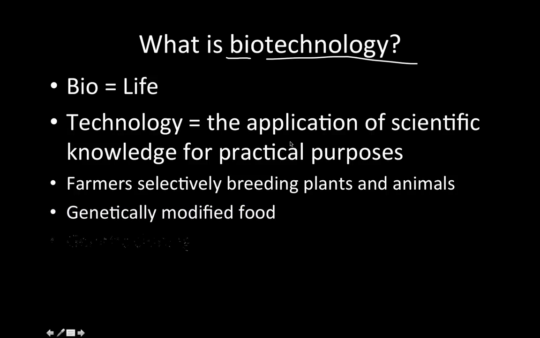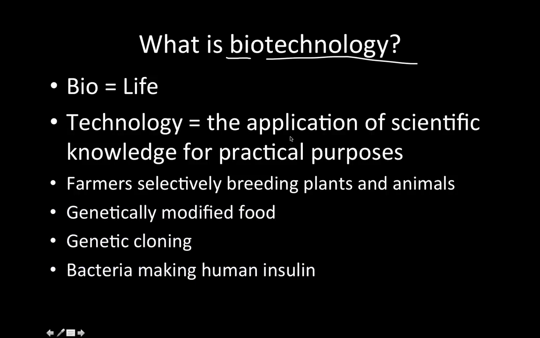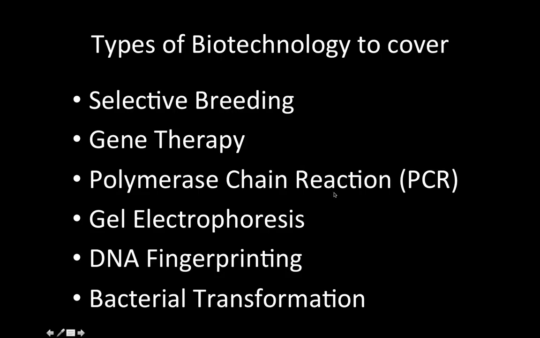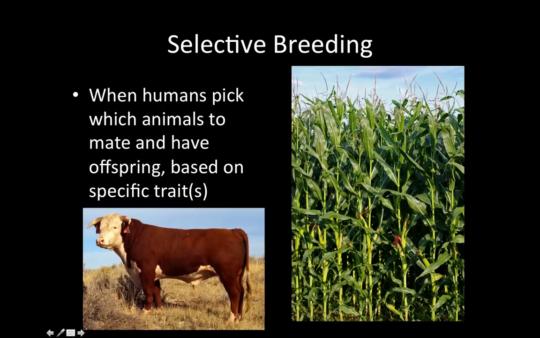Genetically modified food, genetic cloning is biotechnology, as well as bacteria making human insulin. Those are all examples of different types of biotechnology. We're going to take a couple of timeouts as we go along just so we can infuse some vocabulary that we need. But these are the basics, so hopefully we can follow along in our notes.